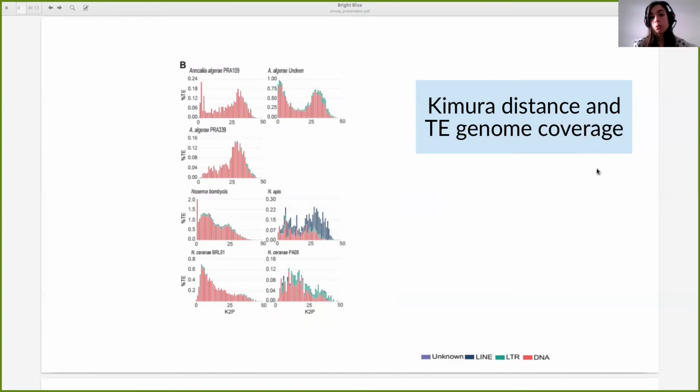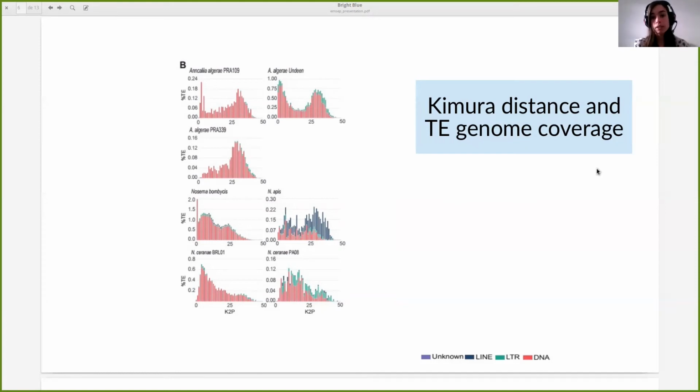To evaluate whether transposable elements accumulation represents ancient or recent events, we used RepeatLandscape, a program inside RepeatMasker package, to calculate Kimura distance between each TE copy in the genomes in relation to the consensus sequences in the RepeatMasker libraries. So the graphs here show the fraction of the genome occupied by each copy of TE and the Kimura distance to the consensus.